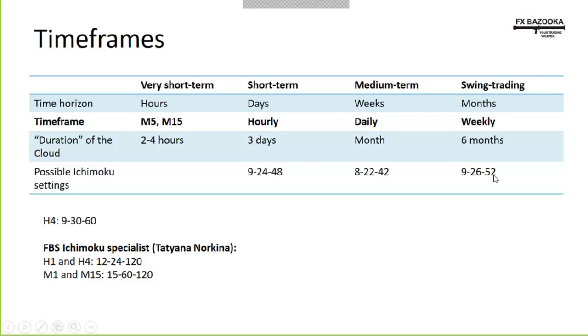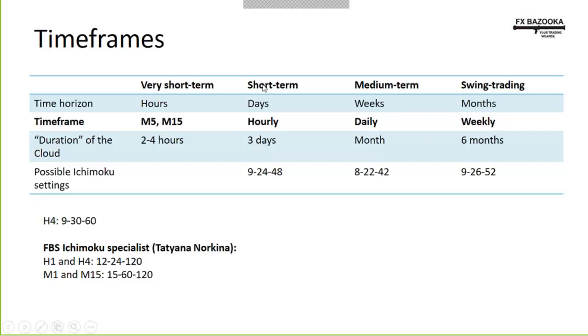We have 52 weeks in a year, and the most logical thing is to use this default set of parameters for the weekly chart. Many analysts think that these parameters are related to the weekly chart better, and I tend to agree with them.